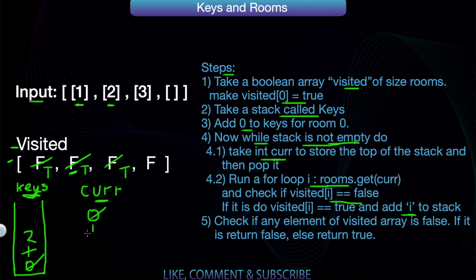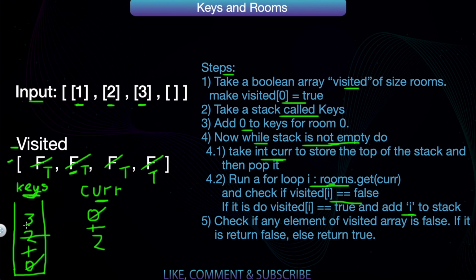Then we will check the while condition, it is not empty, so we'll update our current, and then we'll pop the stack. And then we'll get rooms.get(current), which is 3. So it is false, so we'll make 3 true. So visited 3 becomes true.